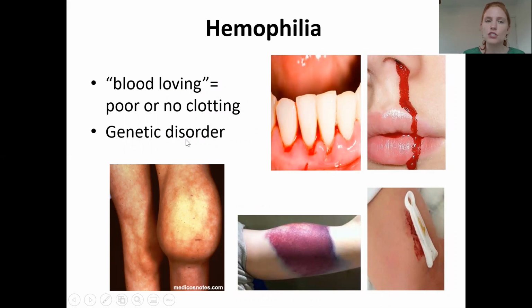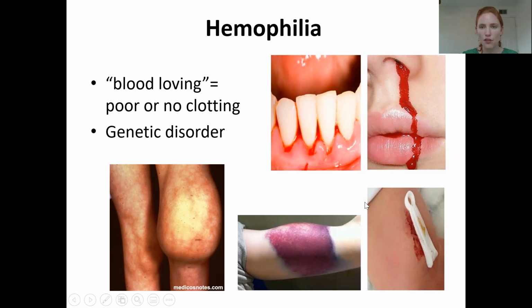It is a genetic disorder where any part of the pathway that causes blood clotting has a disorder, and it makes it so that you either can't clot at all, or in some cases you just have reduced ability to clot. So it really is a broad category of disorders that results in a spectrum of severities, from can't clot at all to doesn't clot as well.